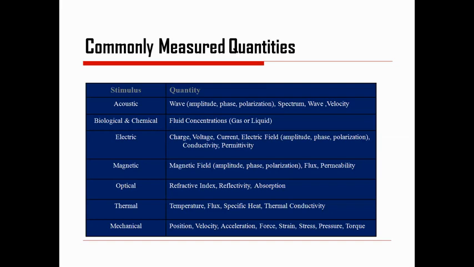Then magnetic field. In magnetic field also you have amplitude, phase, polarization, flux, permeability. Depending upon the flux linkage and permeability, you can define or correlate the strength of magnetism. Then optical: refractive index, reflectivity, absorption.